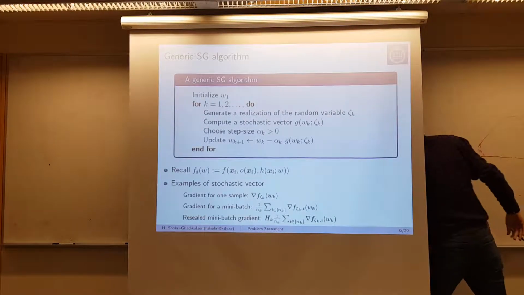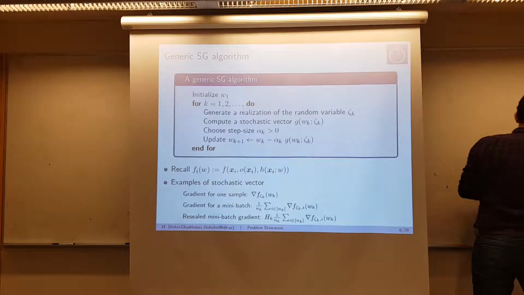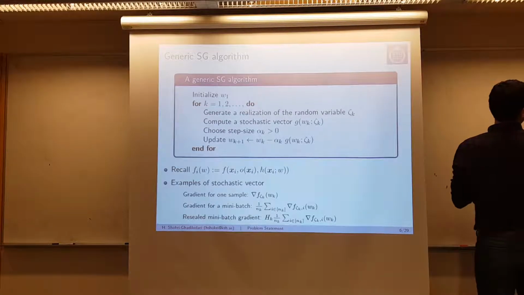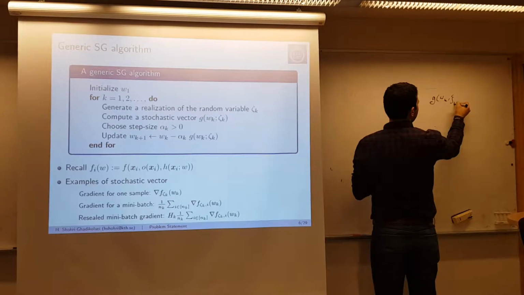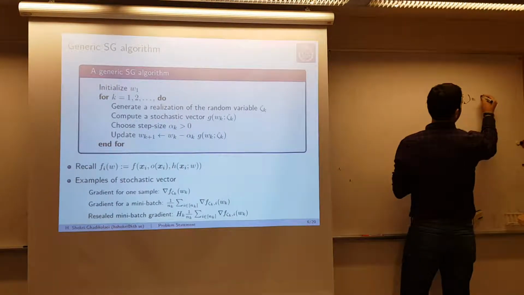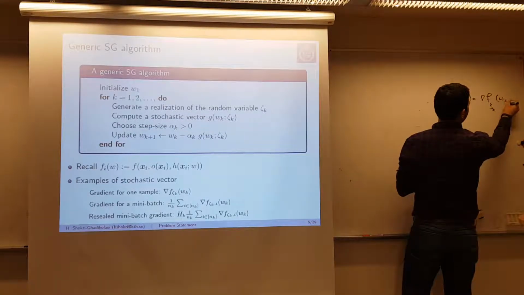Again, for the sake of simplicity, just to make everything simpler, assume that this g of wk characterized by zeta k is nothing but the gradient of f zeta k at wk. That's it.